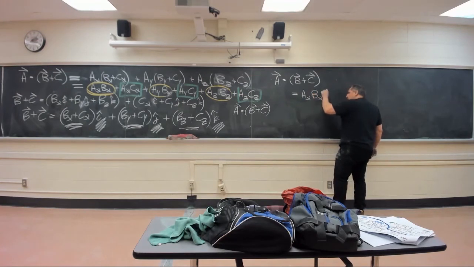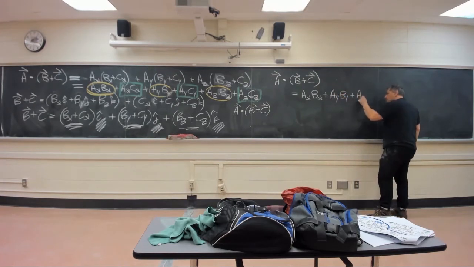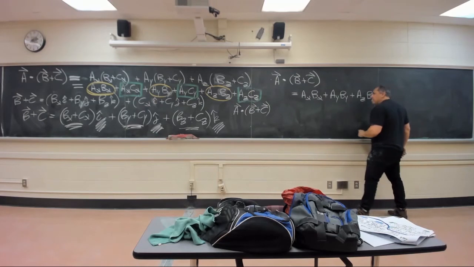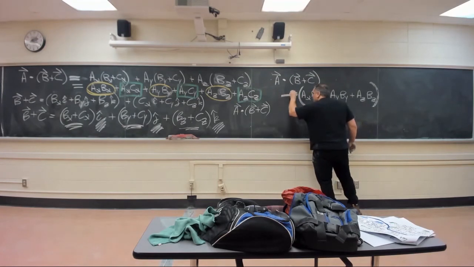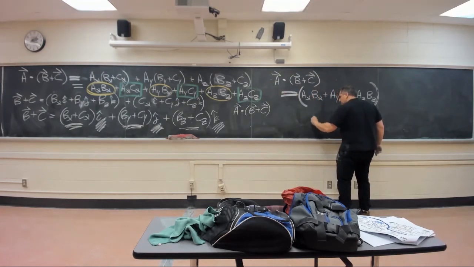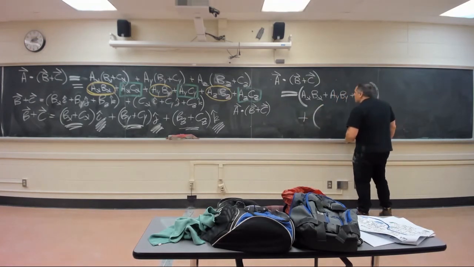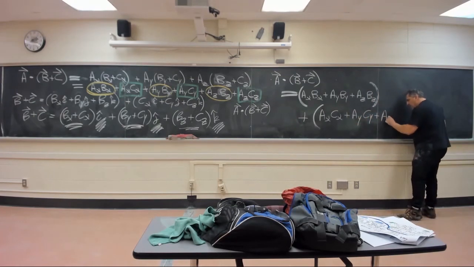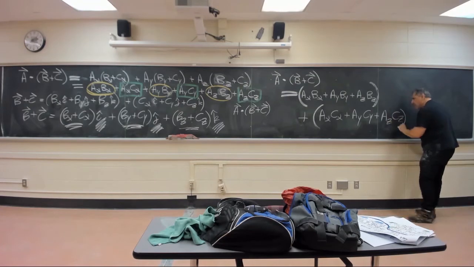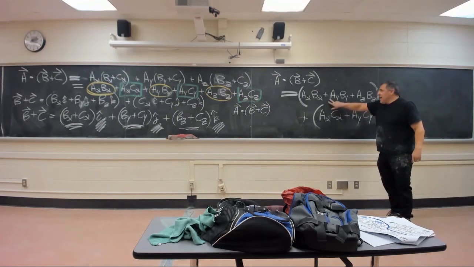Well, yeah, I know, but what is this? This is A vector dot B vector.